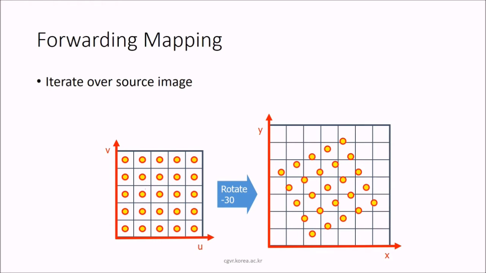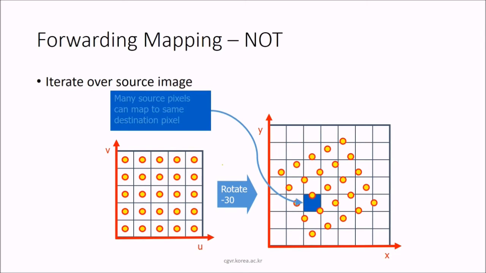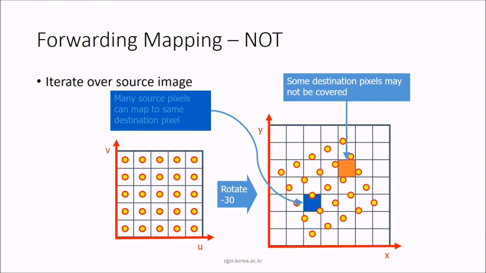We iterate over the source image and rotate each pixel by 30 degrees, so ultimately we reach this figure. Many source pixels can map to the same destination pixel sometimes, and some pixels may not be covered. These two things can happen.